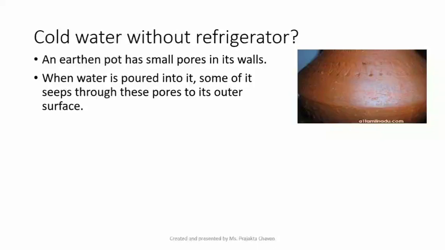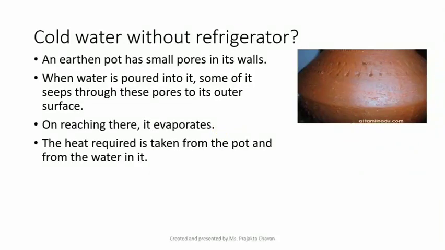Means as soon as we pour water into this earthen pot, the water reaches the outer surface of the pot, and on reaching there, the water evaporates. We know students, for evaporation the water must absorb heat.